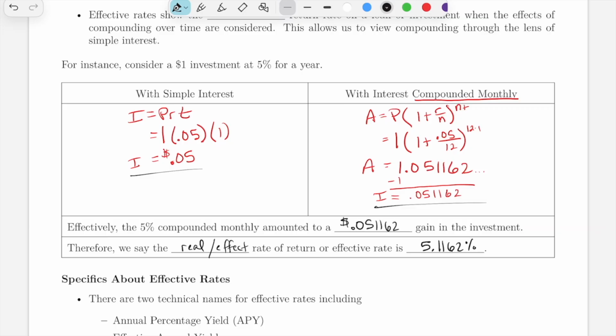Even though it's a 5% for the year, because it's compounded, it amounts to a little bit more than 5%. The effective amount is a little more than 5% because it's compounded 12 times over the course of the year. This 5.1162 is called the APY, or the annual percent yield.